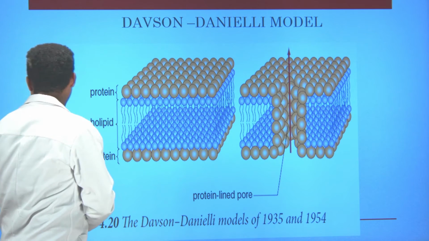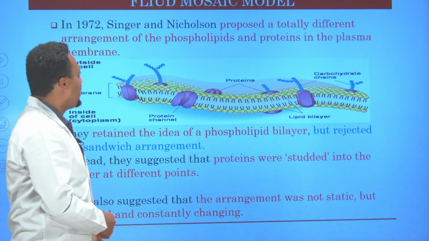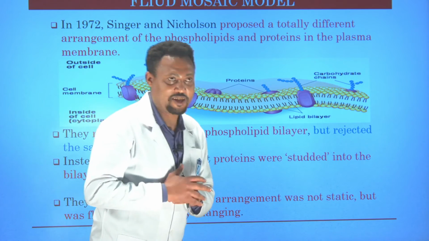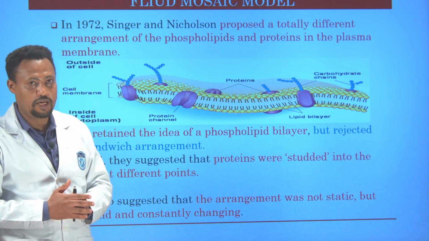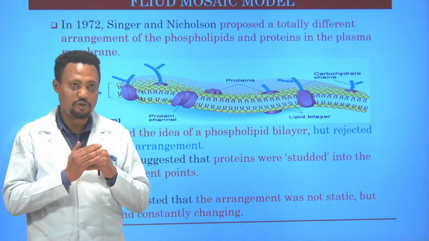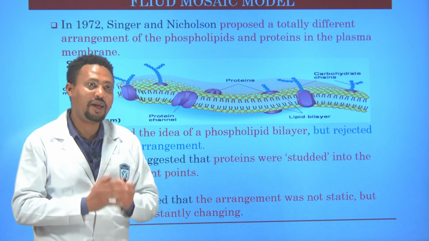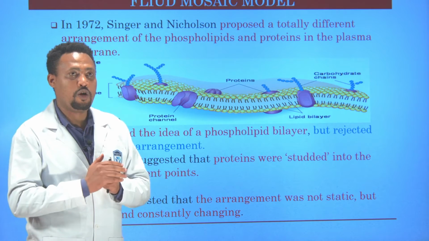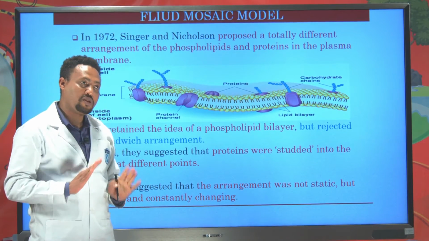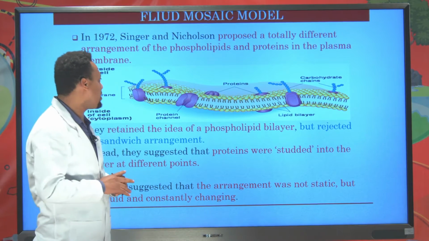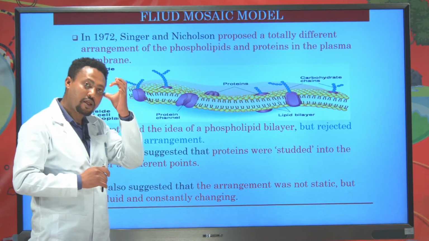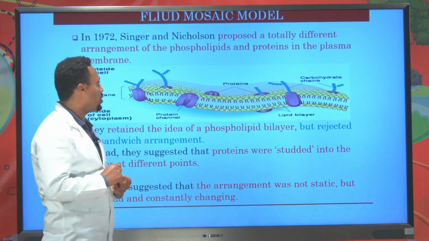So a new model had to be developed. That new model is the fluid mosaic model. This model clearly explains how molecules move across the membrane. It also clearly explains the distribution of proteins, which is different from the sandwich model. The sandwich model doesn't give a clear explanation about the movement of molecules.